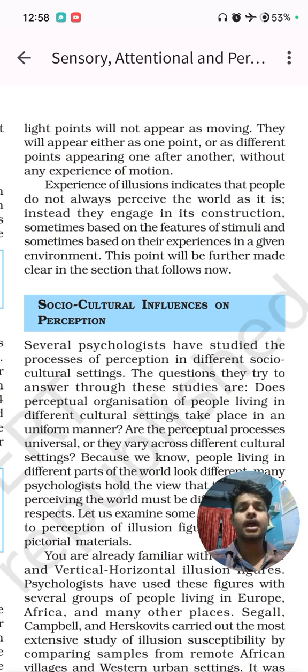They will appear either as one point or as different points appearing one after another without any experience of motion. Experiences of illusion indicate that people do not always perceive the world as it is. Instead, they are engaged in construction, sometimes based on the features of stimulation and sometimes based on experiences in a given environment. This point will be made further clear in the sections that follow.